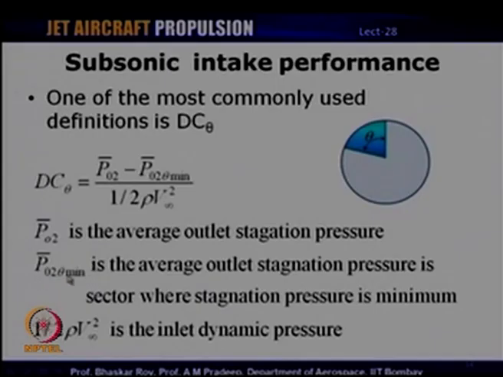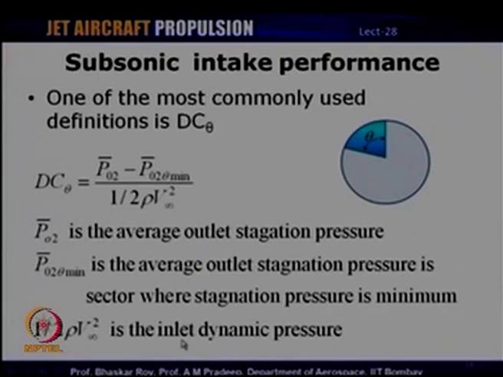P0 2 theta minimum is the average stagnation pressure in a sector where the stagnation pressure is minimum. So, we define a sector theta and measure the average stagnation pressure in it, scan this sector over the entire circumference, and the sector where the average stagnation pressure is minimum is what is used here.